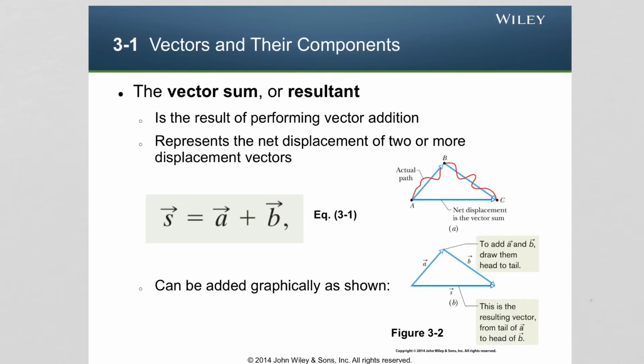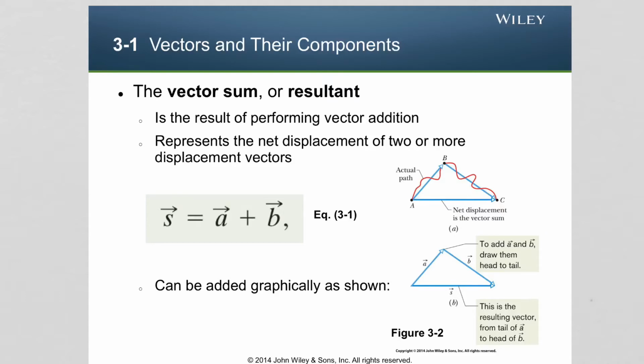The vector sum or resultant is the result of performing vector addition. The vector sum represents the net displacement of two or more displacement vectors when, of course, we are discussing displacement. If we are discussing a different type of vector quantity, then the vector sum will be the sum of those vector quantities.